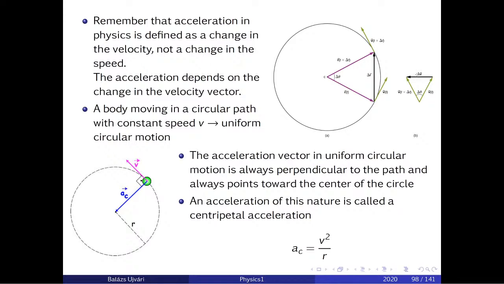Once again, for constant circular motion, the translational velocity vector v changes. If there is delta v, if we divide it by delta t, we get acceleration. So for constant speed v, we need a so-called centripetal acceleration to keep this body on a circular path with radius r and velocity v. Its magnitude is v squared divided by r.